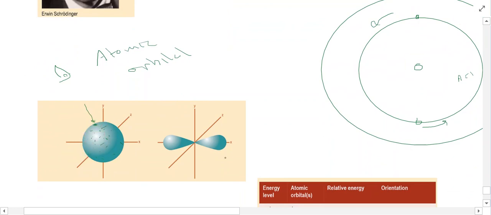What they find is that the electron is in different places every time they measure. For example, you might run 20 tests, and it might be here one time, here another time, here the next time.